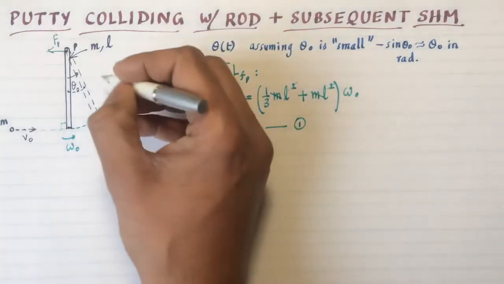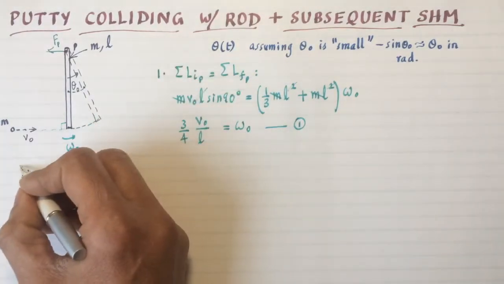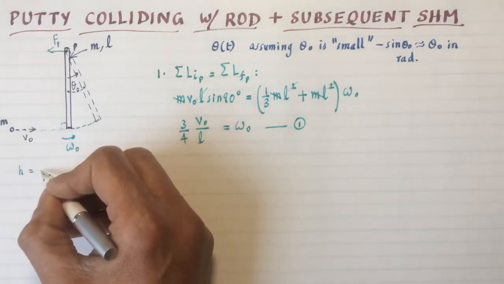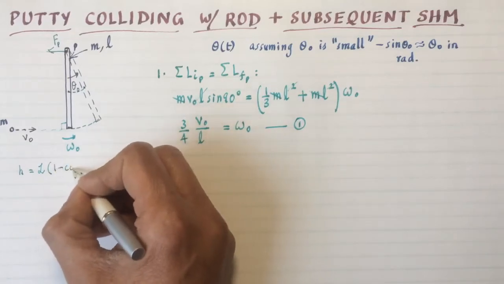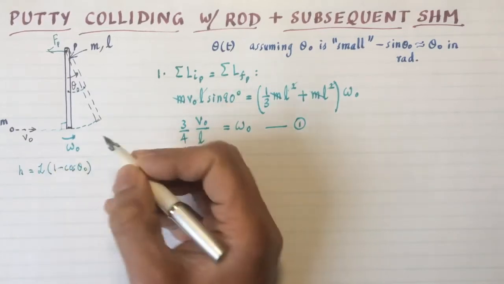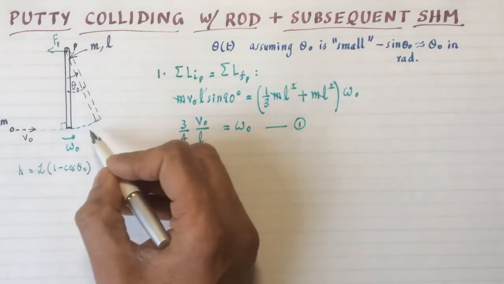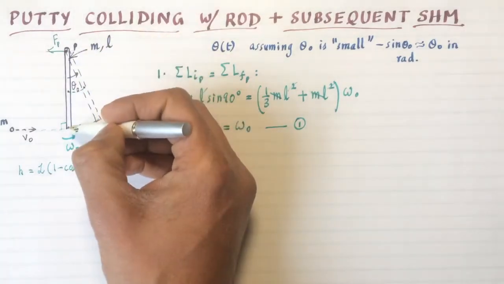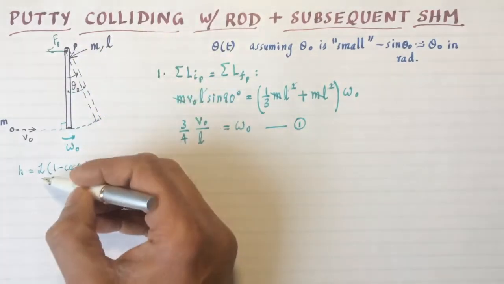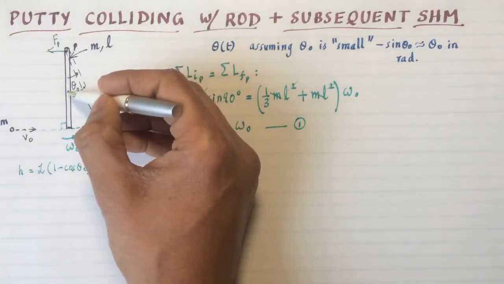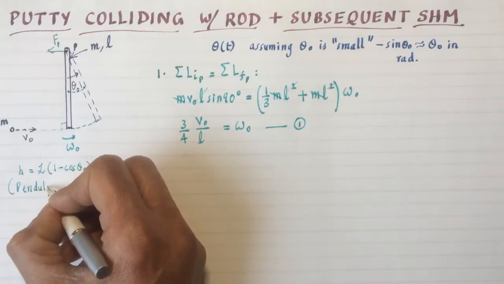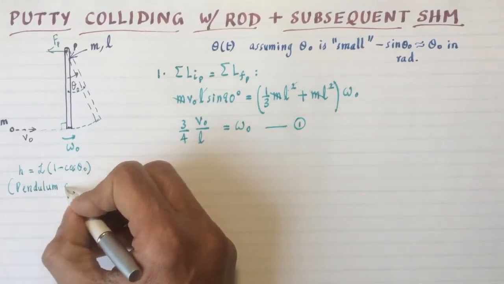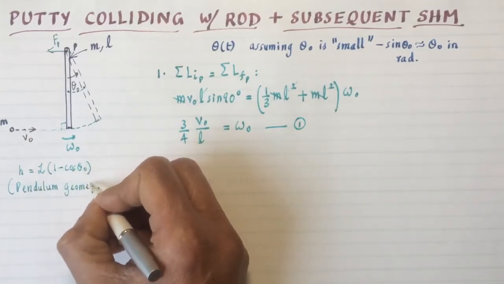And for each of these, the height is going to be some generic L times 1 minus cosine theta naught, where this generic L would be little l for the putty and l over 2 for the rod. That's our pendulum geometry result. Please go back and see a previous video where I described the pendulum geometry.